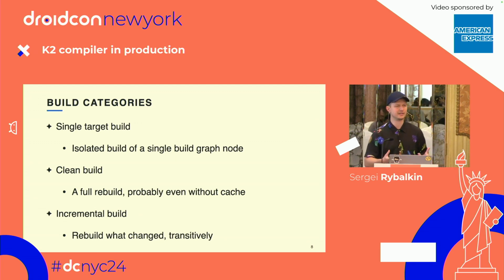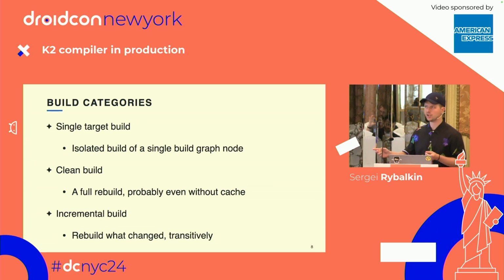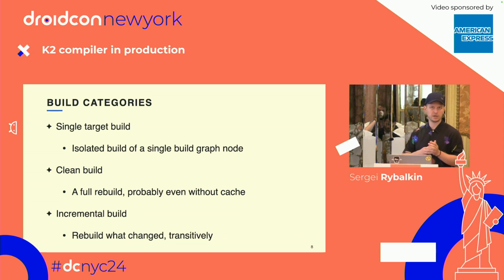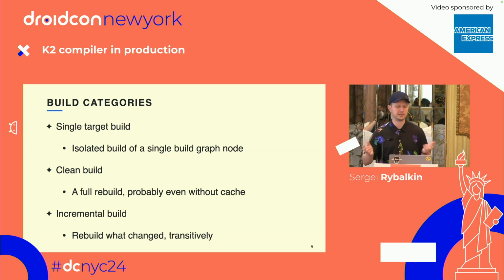Let's say we have a single target build. It means we have a small isolated change, probably some function body somewhere in our build graph. Then we only need to build this file, or maybe just this function or this module where the change is. This is why it's a single target.